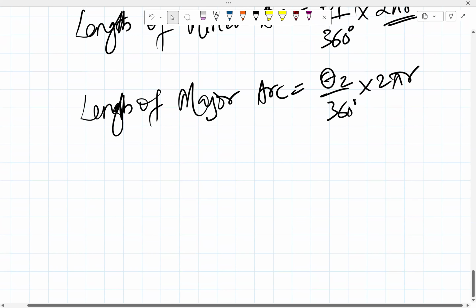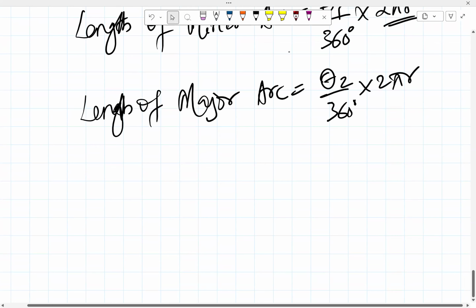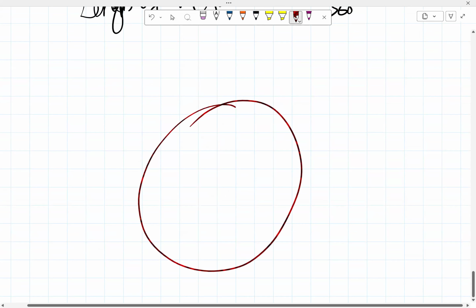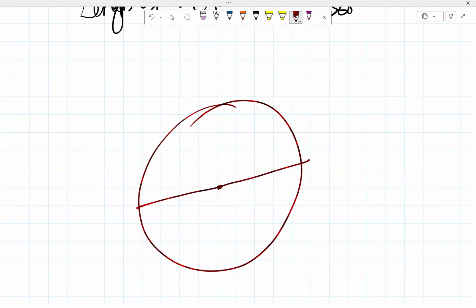On the other hand, what if the arc is something like this? We have our circle and this angle here, and we have a semicircle like this. You have a line passing through this. This length 1 is equal to length 2. So this is L1, L2. Why?